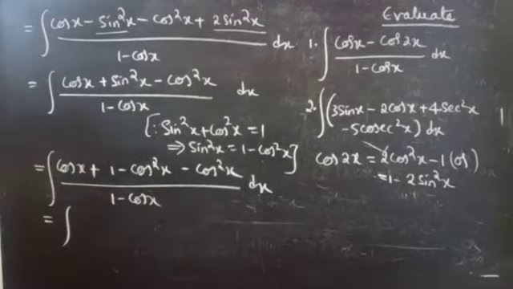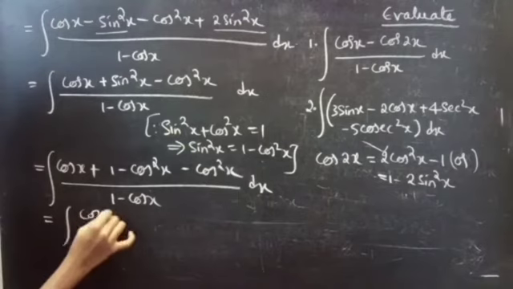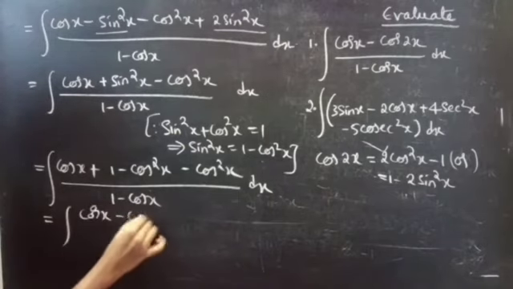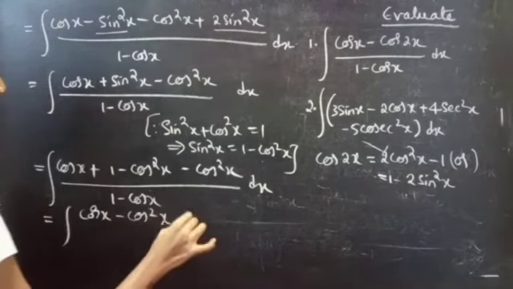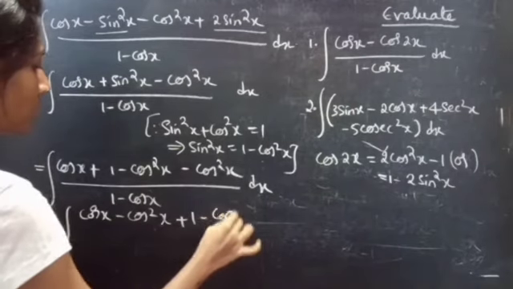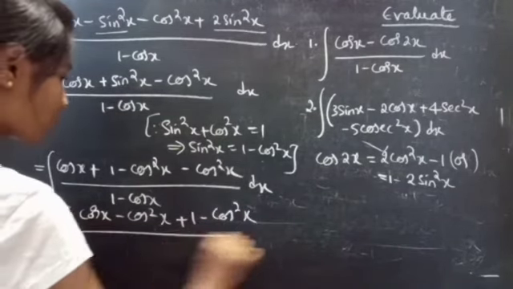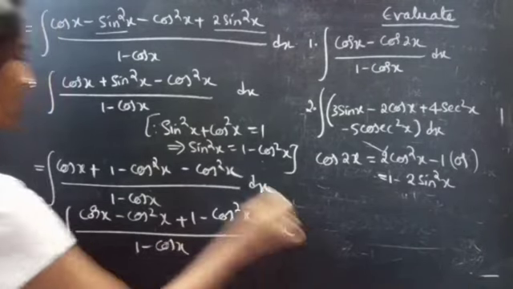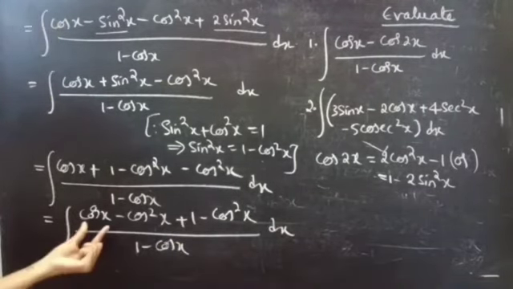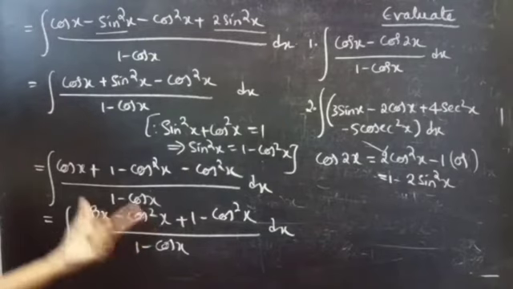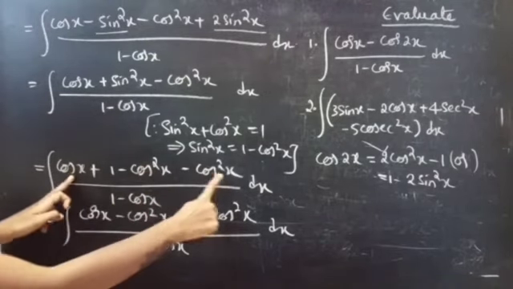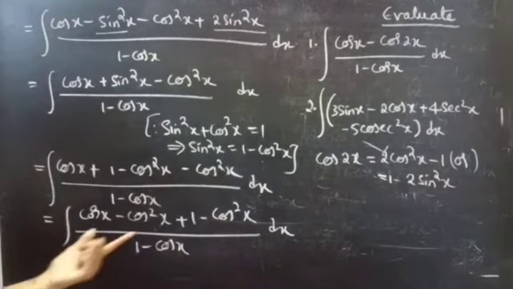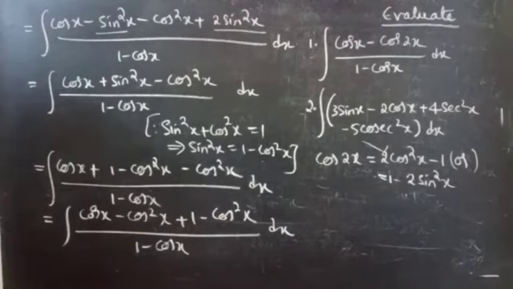I could write it as cos x minus cos square x plus 1 minus cos square x by 1 minus cos x into dx. Why? Because I want to take cos x common from these two terms. Okay? Fine.